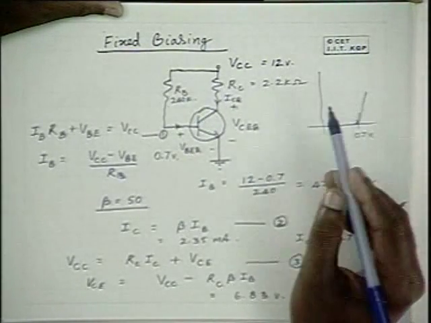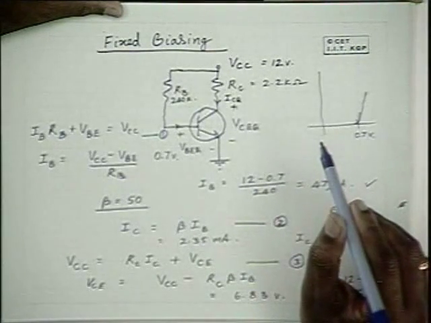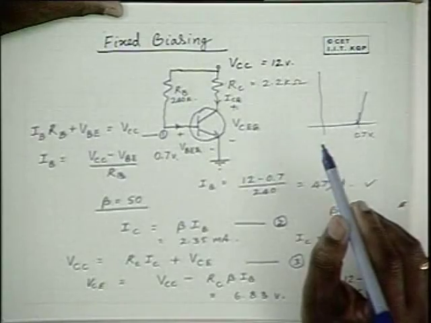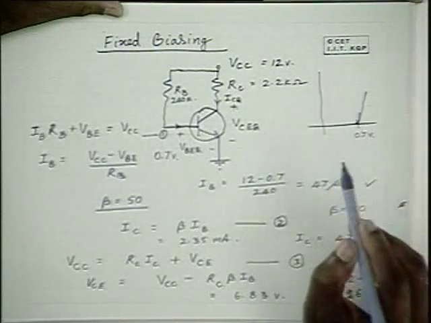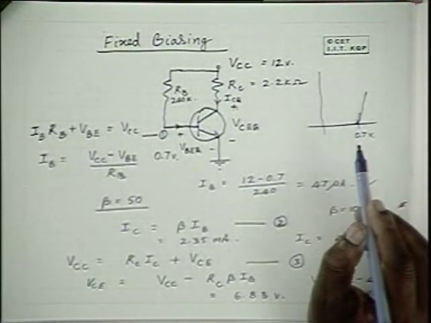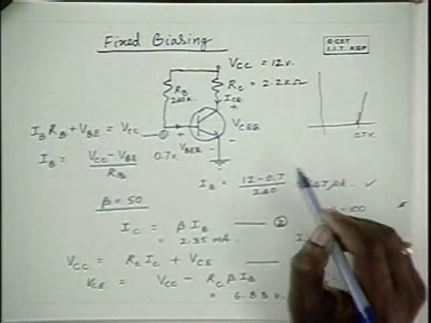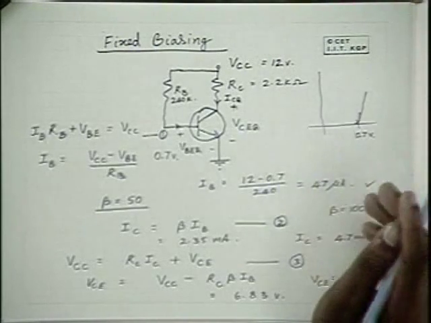And ultimately, the transistor gets burnt. First of all, the Q point gets shifted. This is known as thermal runaway: due to a temperature rise, the transistor Q point shifts, and ultimately it may get burnt.